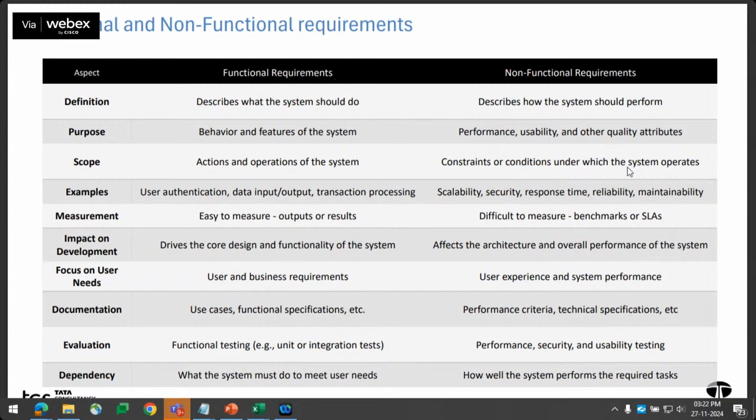But in non-functional, it is the various conditions under which it should execute, and then the business requirements.